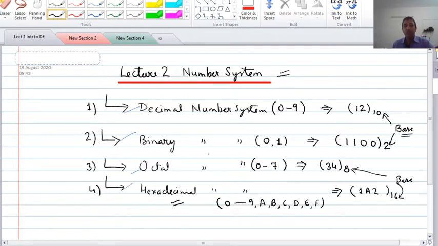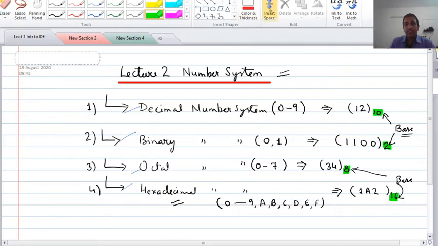So in the decimal number system the base is 10, in the binary number system the base is 2, in the octal number system the base is 8, and in the hexadecimal number system it is 16.